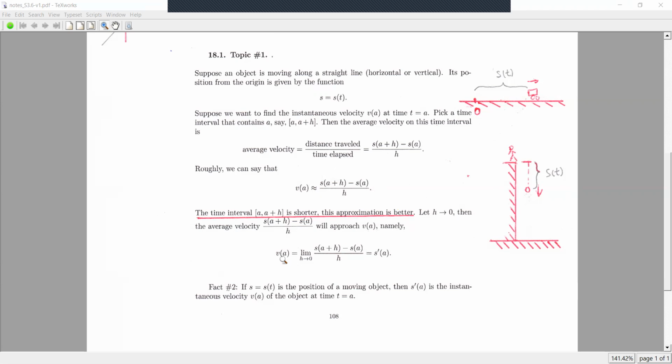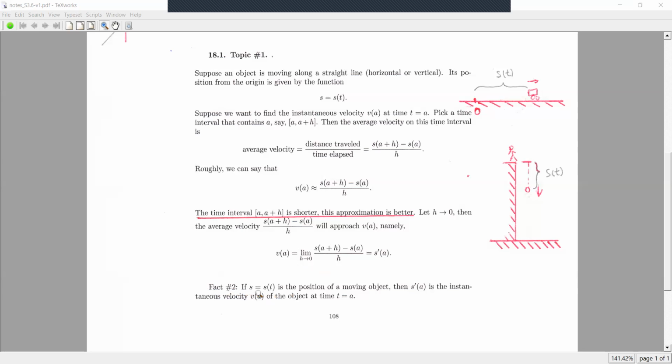In other words, instantaneous velocity at time A is the limit of this quotient. Recall the definition of derivative. This limit is the derivative of the function s at A. So from this observation, we have fact number 2.